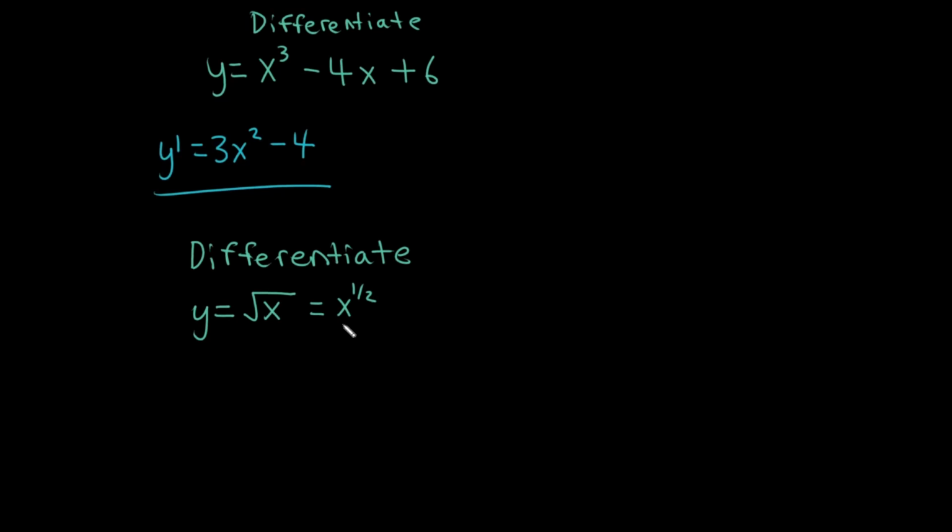So if we take the derivative of this function, we get y prime is equal to, we take the power down, 1/2, times x to the 1/2 minus 1, so that'll be minus 1/2. We could leave it like that, but it looks prettier if we rewrite it. So 1/2, like the fraction, and x to the negative 1/2 is the same as writing the square root of x on the bottom. And this is the derivative of the square root of x.